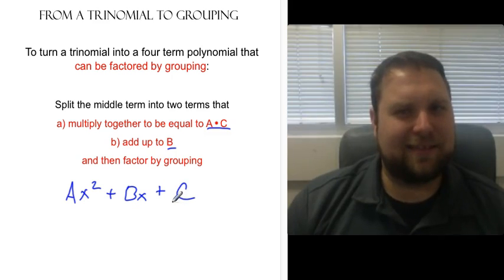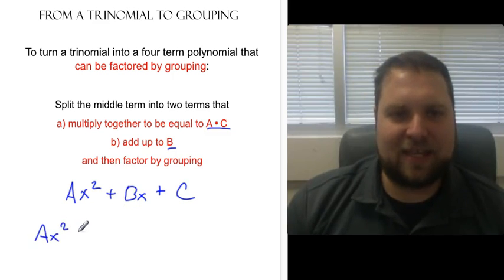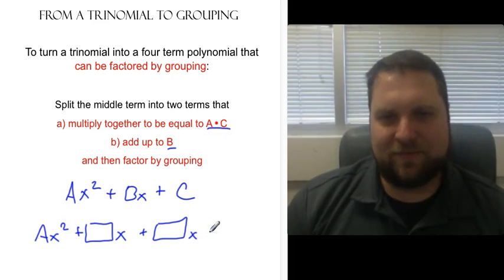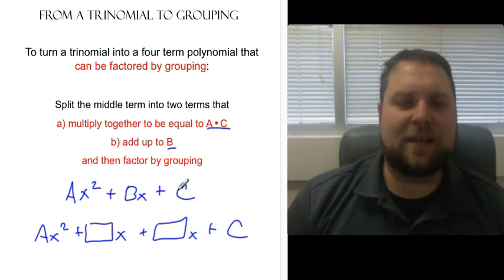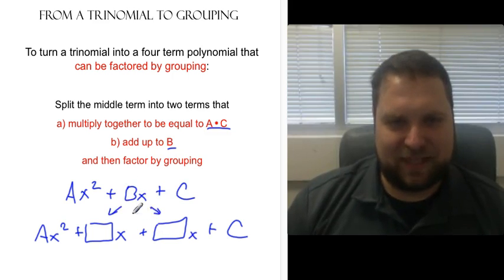But you can't guess why we call it C. Anyway, whatever my terms are, when I split this up, I'm going to have ax squared plus some number x plus some number x, and it could be minus if this is negative, but for now we'll just generalize, plus c. So whatever these two numbers are right here, when I multiply this times this, I have to get the same thing as a times c. And when I add this and this, kind of obviously it has to add up to b, or otherwise this thing doesn't split up properly.